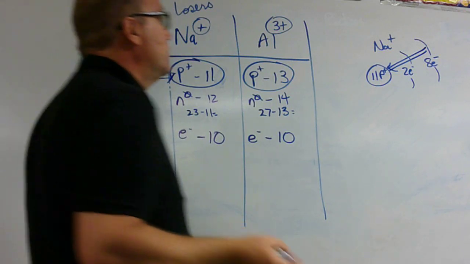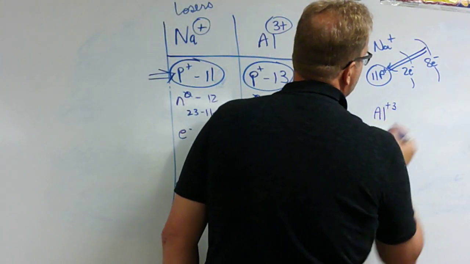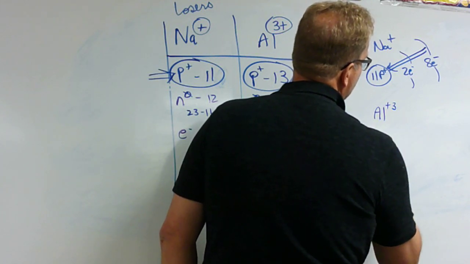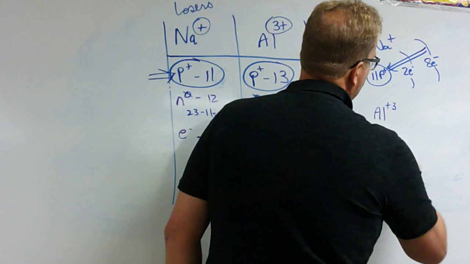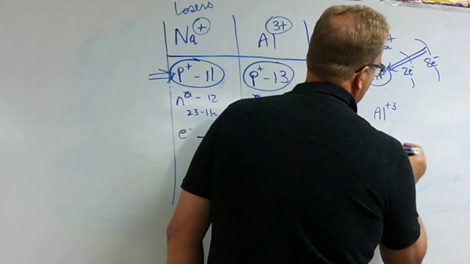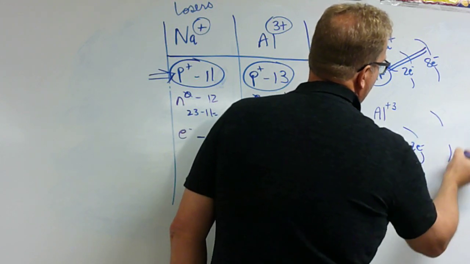Now let's go ahead with the aluminum with +3. Now I've got Al with, let me put that, 13 protons. Isoelectronic still.